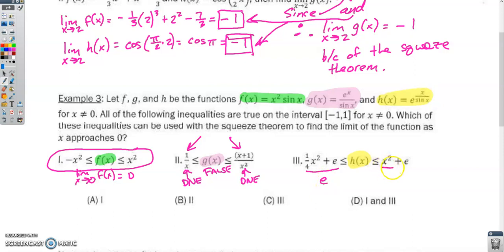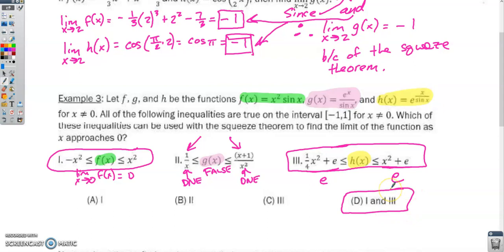And if we take the limit as x approaches 0 of this function, it's also equal to e, which means that those two limits are equal. And since h of x is in between those two functions, its limit must also be e. So this one also works to help us find the limit of h of x. And so our answer here is going to be choice 1 and 3.